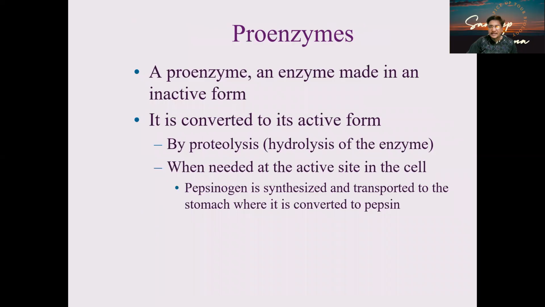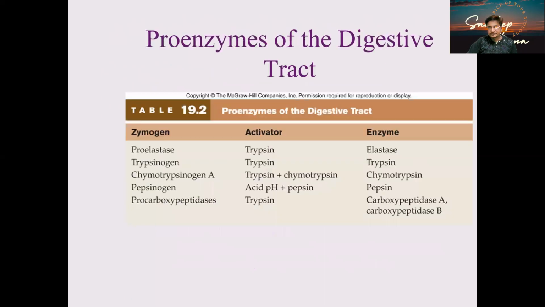And the proenzyme or the zymogen, I told you before as well, these are inactive forms. They need to be converted to the active form by hydrolysis or autolytic proteolytic cleavage. There are many enzymes in the digestive tract which need to be cut, for example proelastase, trypsinogen, chymotrypsinogen A, pepsinogen, and procarboxypeptidase.